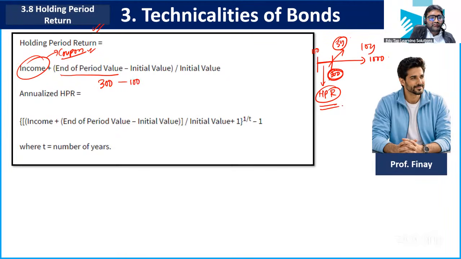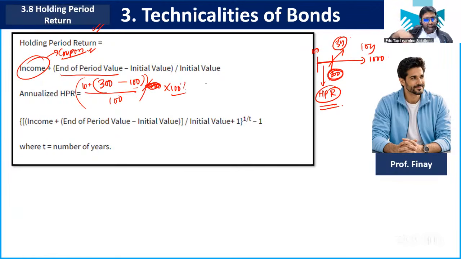So the initial value is 100, divided by 100. So coupon, let's say, is 10 rupees or something. We'll do the calculation, and then you will be getting the holding period return out of this. Multiply by 100%, and you will be getting the value.